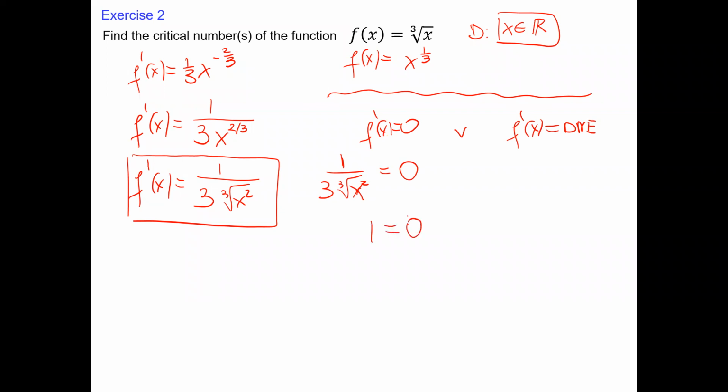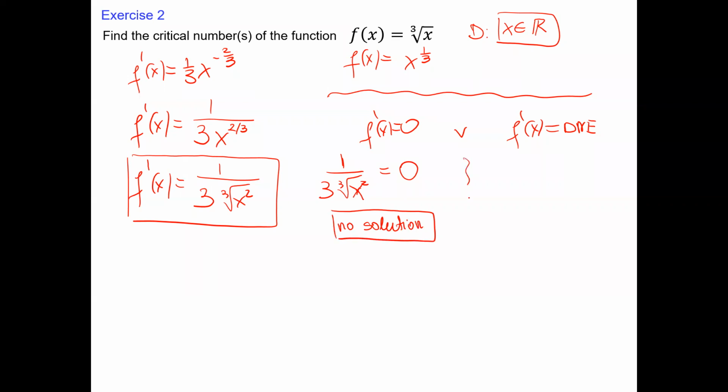But when we do this, the numerator doesn't depend on x. That means this is never true, so no solution, no x that will give this fraction to be 0.